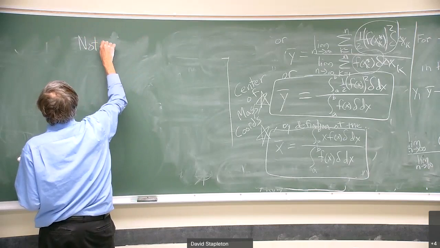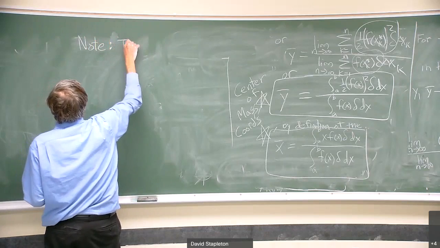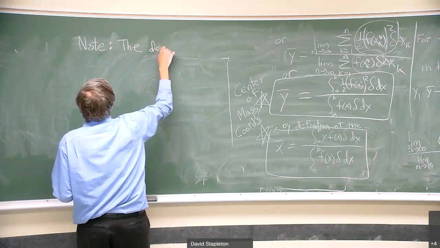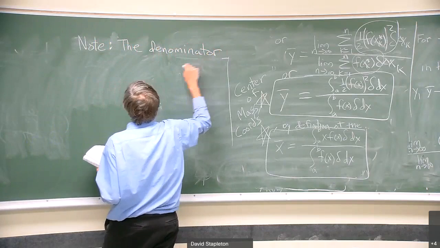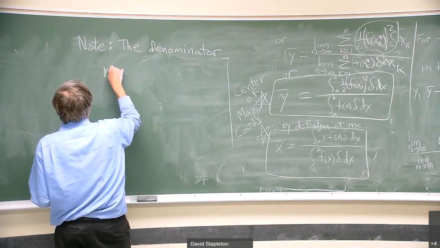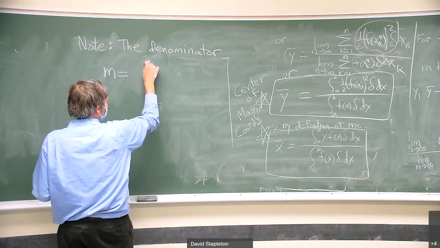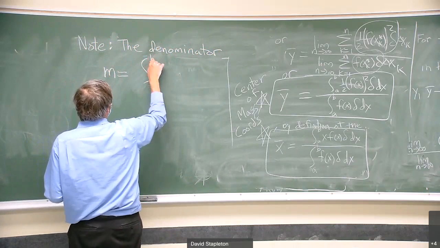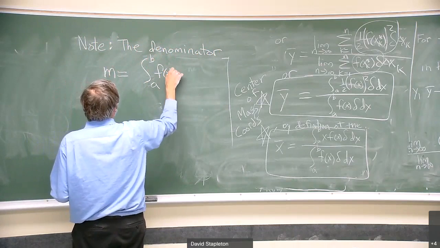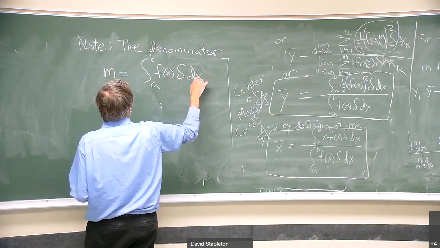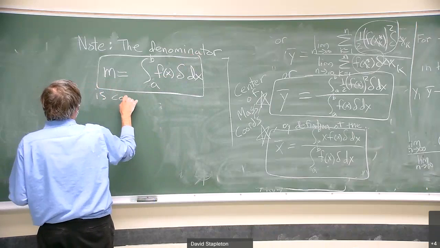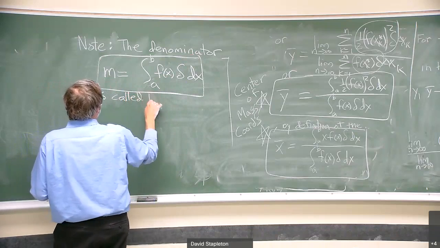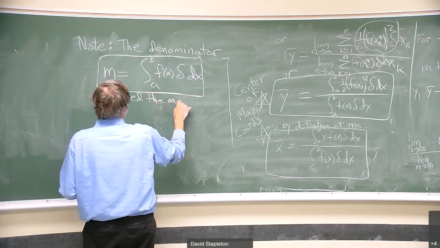Note, in addition to this, the denominator of these, we'll call it m, is the integral from a to b of f of x delta dx, is defined to be or called the mass of the lamina.